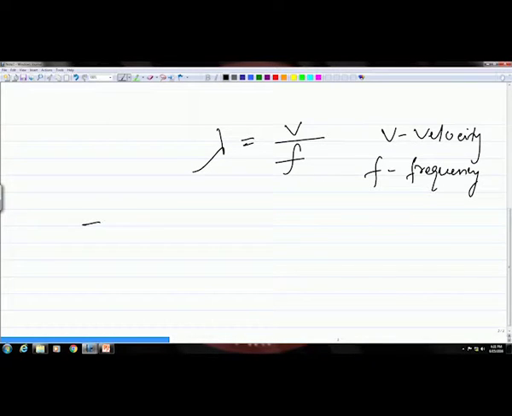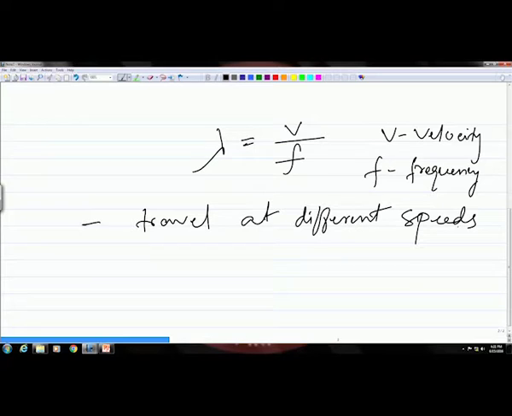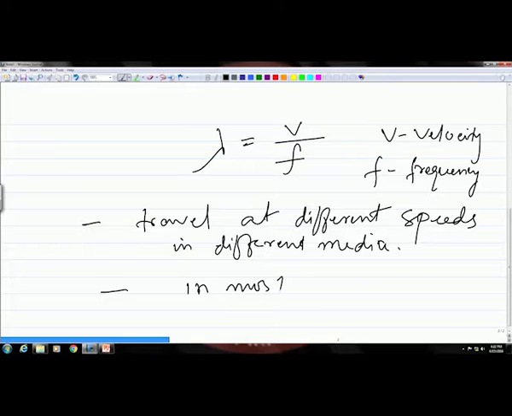And then they travel at different speed in different medium. And in most of the metals, the velocity change with frequency is not very significant.